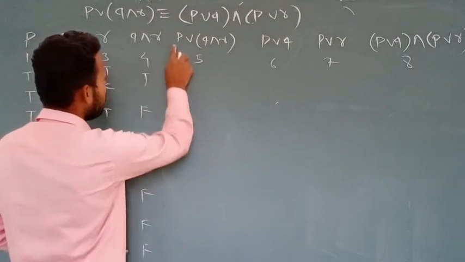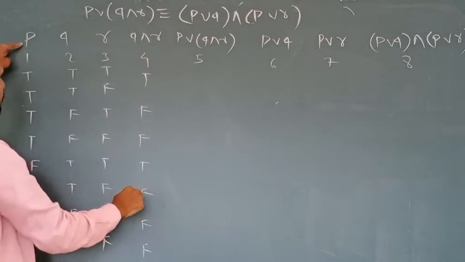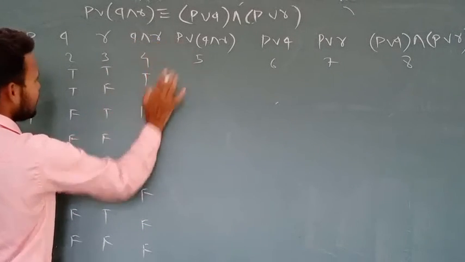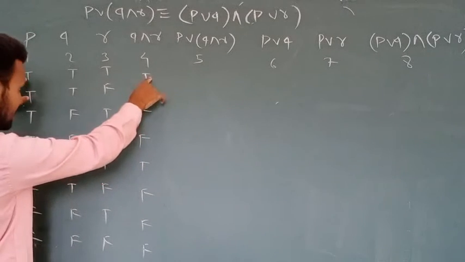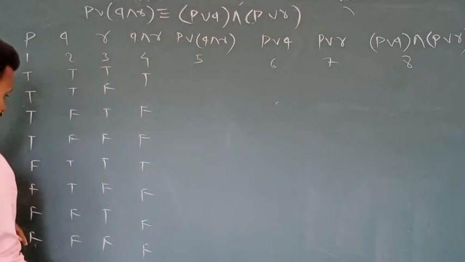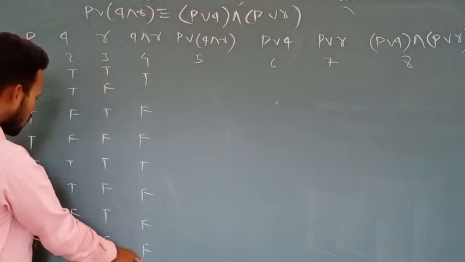Now next one, P disjunction with this Q and R, means that P disjunction with this statement. We know that in disjunction, if both the sub statements are false, then the disjunction is false, otherwise it is true.